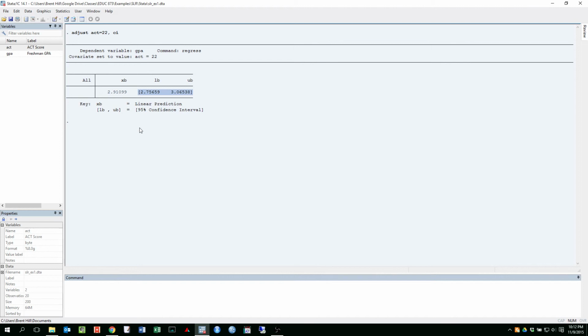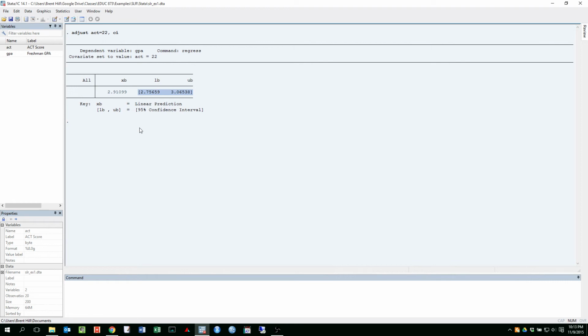The roughest basic way to interpret that is to say that we're 95% confident that the conditional mean for GPA at an ACT of 22 is between 2.76 and 3.07.